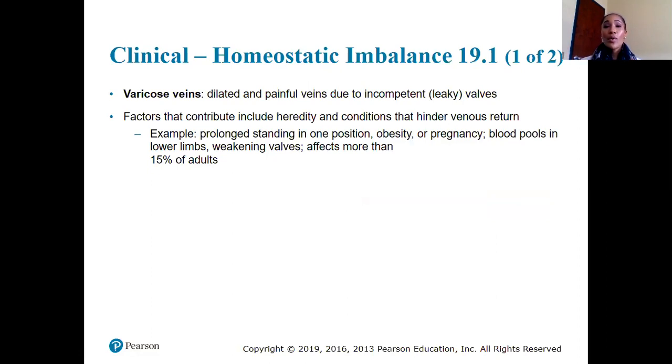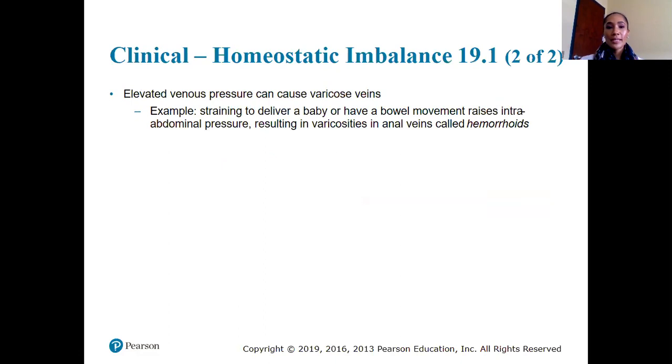If you are obese or pregnant, these are also conditions that can contribute to their formation. Blood pooling in the lower limbs can weaken the valves, which can also lead to this condition, and this affects about 15% of adults, or more than 15% of adults. Elevated venous pressures can also cause varicose veins.